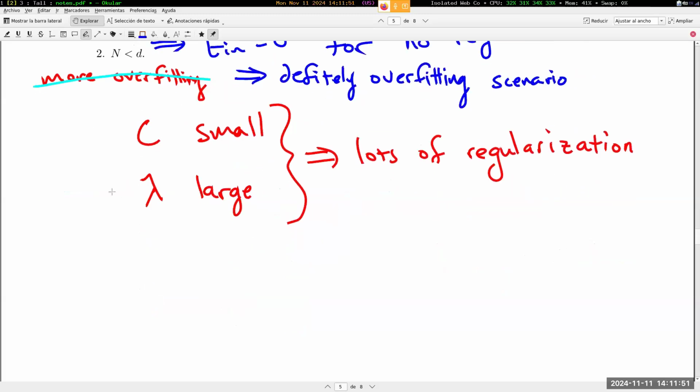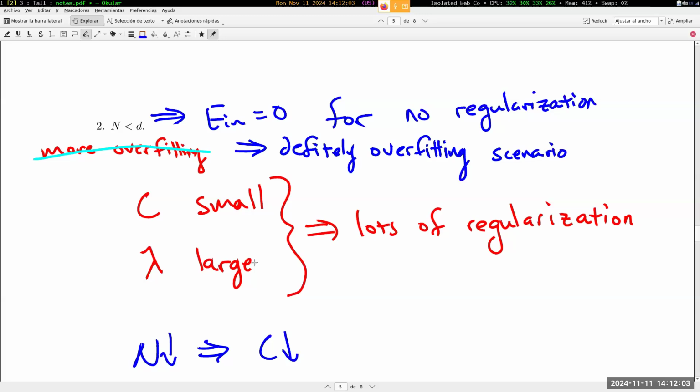So n being smaller, n going down is what implied that the C should also go down. I don't know if that was sort of answering. Good.